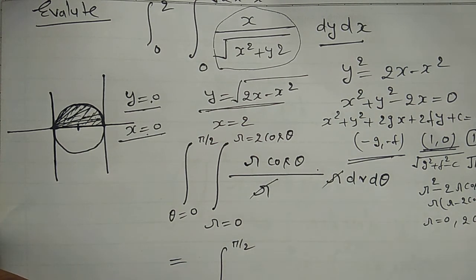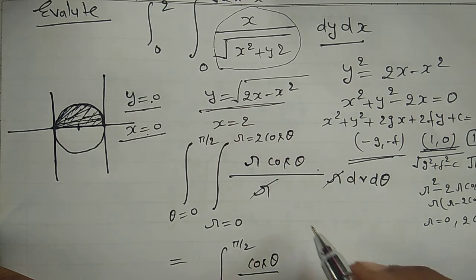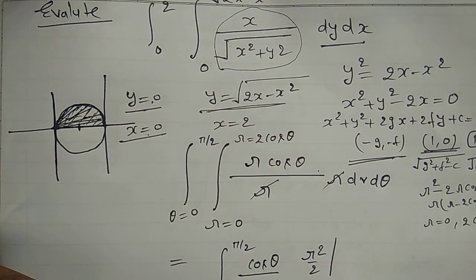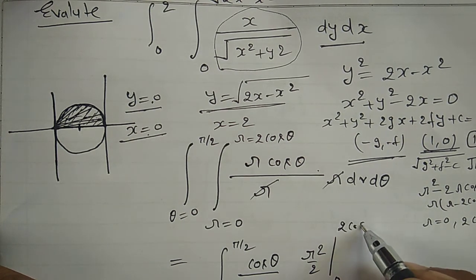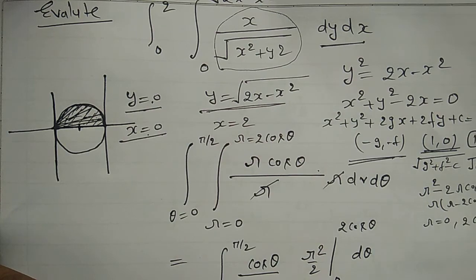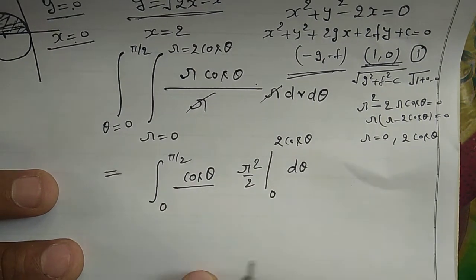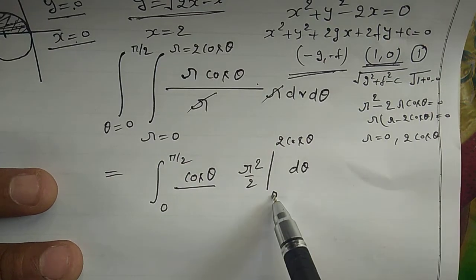R cancels. So we have cos theta and r square by 2, with limit 0 to 2 cos theta, d theta. So cos theta and r square by 2 from 0 to 2 cos theta.